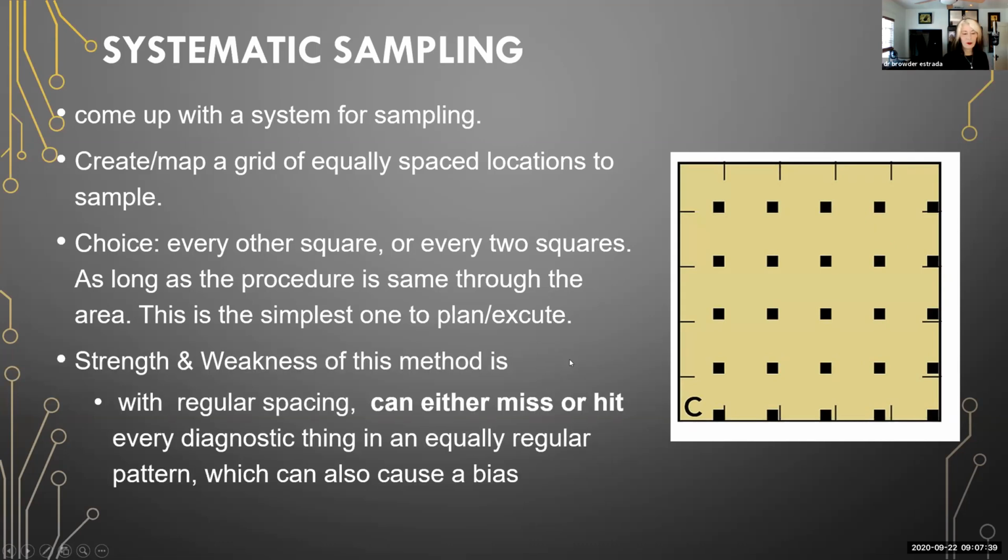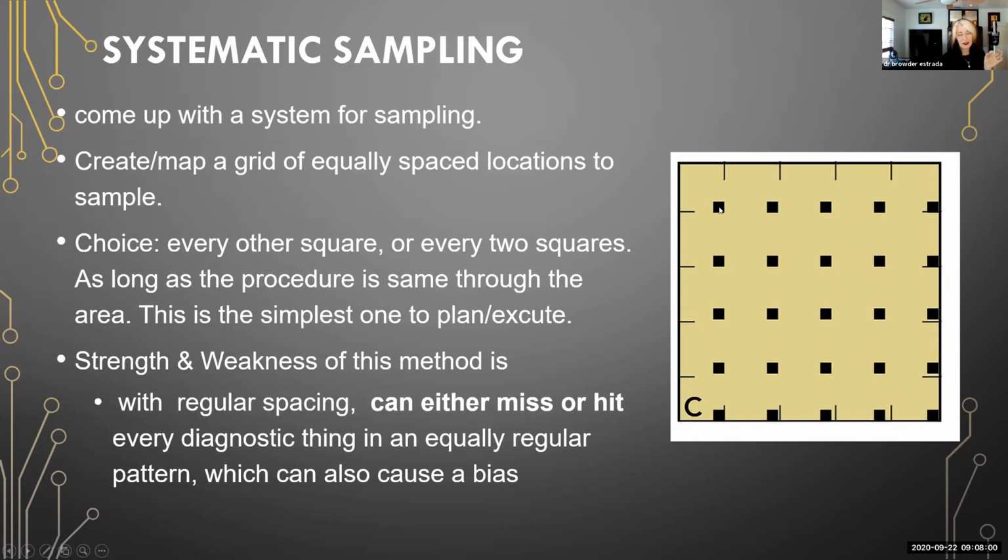So that one's pretty simple. The strength is, and the weakness is, it's a regular pattern. So you're not eliminating anything because an archaeologist didn't think anything would be found there. So you're eliminating personal bias out of it.